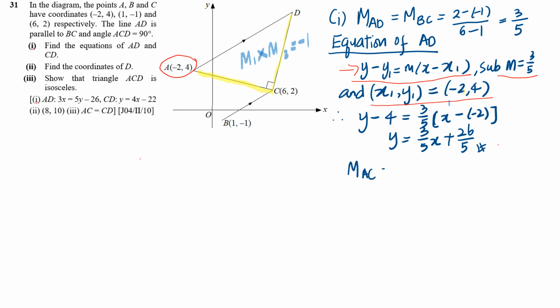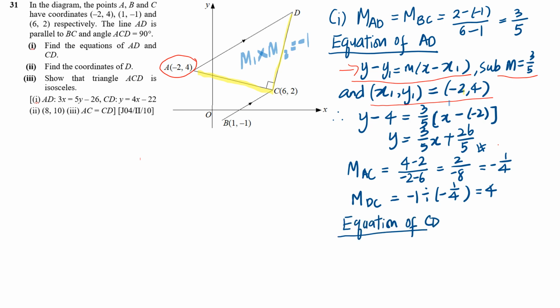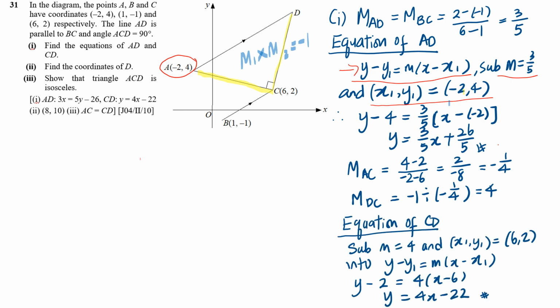Hence the gradient of DC will be -1 divided by the gradient of AC. You apply the same concept, substitute into the equation, and you use point C because point C is the only point that lies on the line DC. So that is part 1.